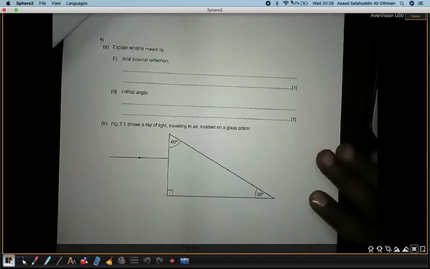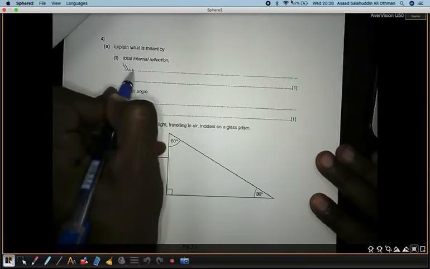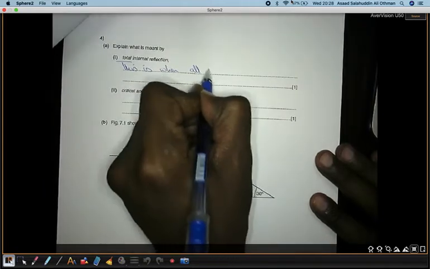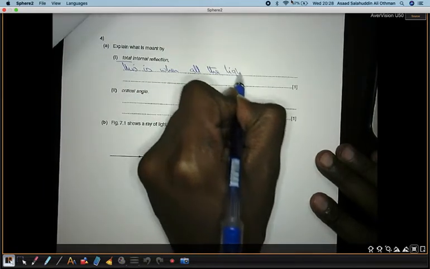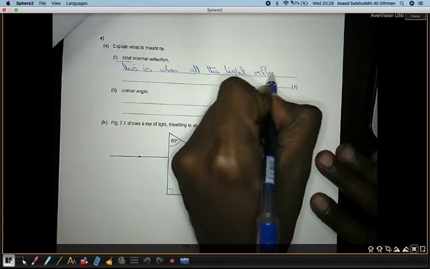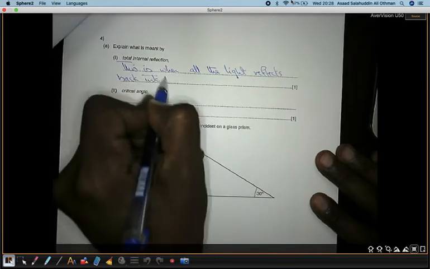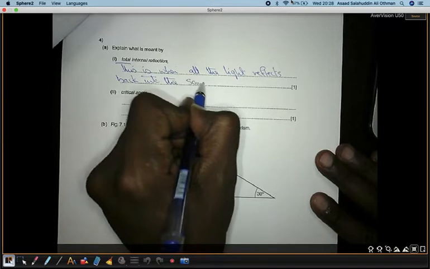Moving on, explain what is total internal reflection. This is when all the light reflects back into the same medium.